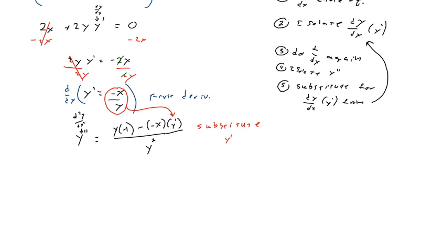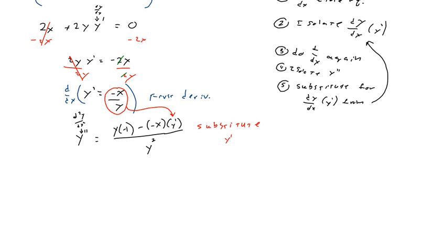I'm going to take this y prime equation here and plug it into the y prime right there. I'm going to substitute, because I only want x and y. I don't want y prime. So I see y prime. I got to plug my equation into y prime.